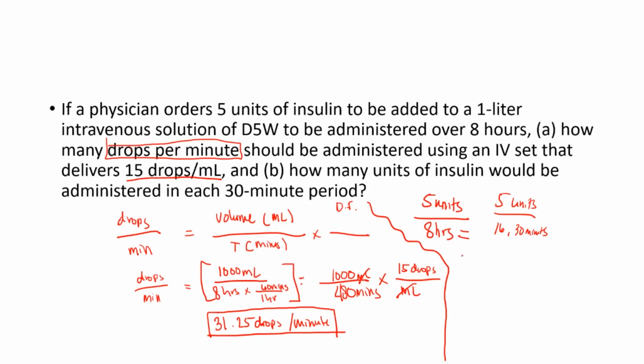So, effectively, the patient will be given 0.3125 units of insulin per 30 minutes. Okay? Mas madali yan kung per minute lang. Pero, well, per 30 minutes ang gusto niya.